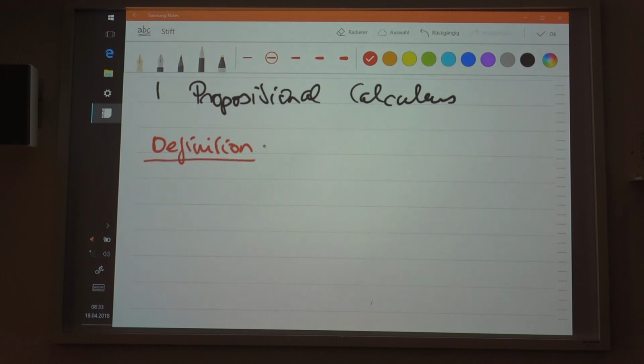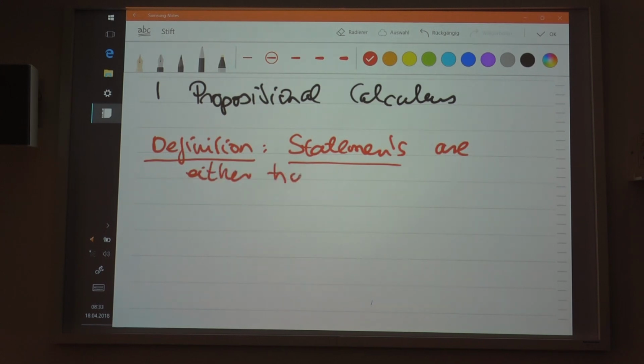So statements are sentences that are either true or false. And these expressions, true or false, are the so-called truth values of a statement.